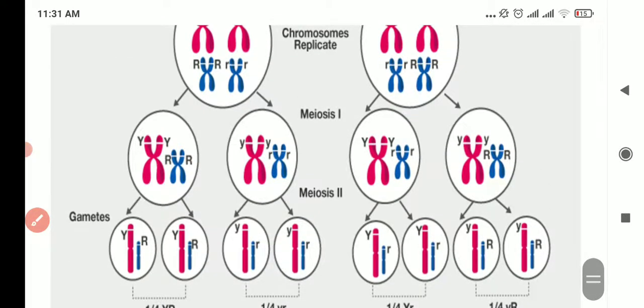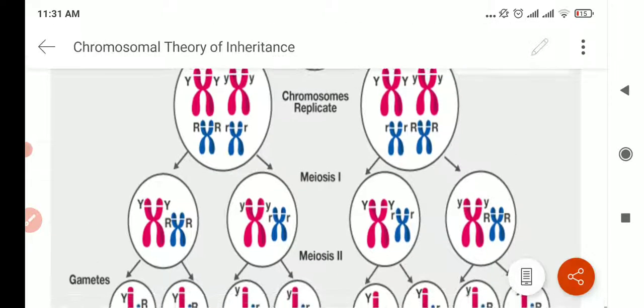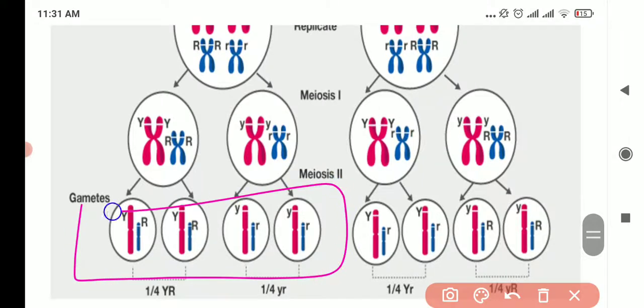Then separation, and then you got the 4 gametes. And exactly like Mendel's crosses when we did that, the cross I did with green yellow wrinkle seeds.